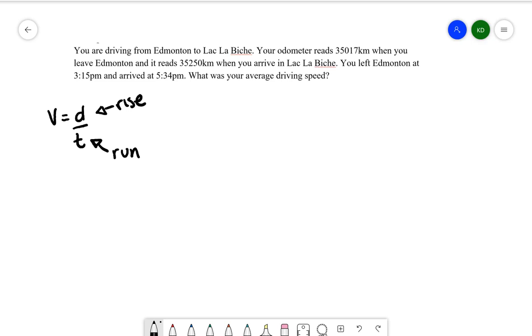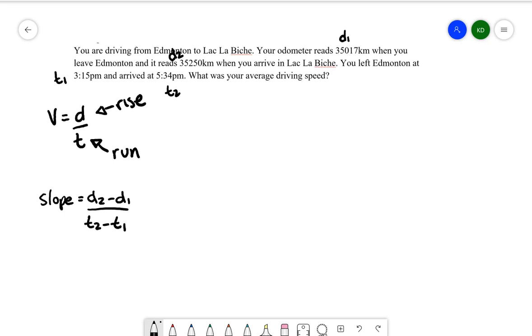So here's what we have. I have two distances, I have two times. Distance 1 was what was on my odometer at the beginning, and distance 2 is what was on my odometer at the end. Time 1 is what time it started, when I left Edmonton, and time 2 is when I arrived in Lac La Biche. So if we think about the slope formula, we're going to be taking d2 minus d1 divided by t2 minus t1.